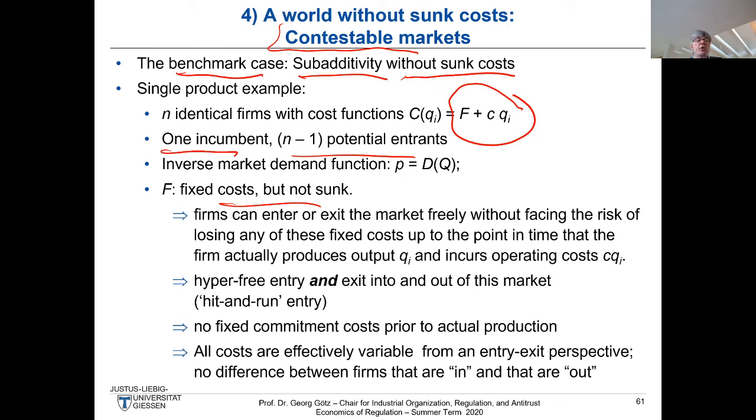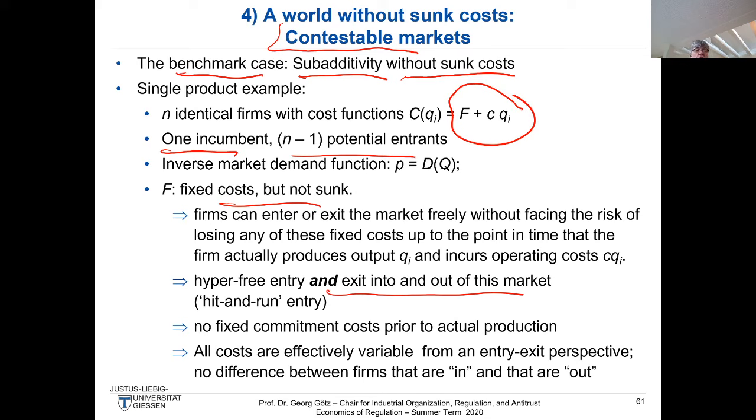This means that there is really hyper-free entry and exit into and out of this market, and a hit-and-run entry strategy is possible. This really sounds strange in a sense. So the point is, if you think that your local electricity company has too high an electricity price, including the price of the network, you just jump in, undercut it, and get the business.